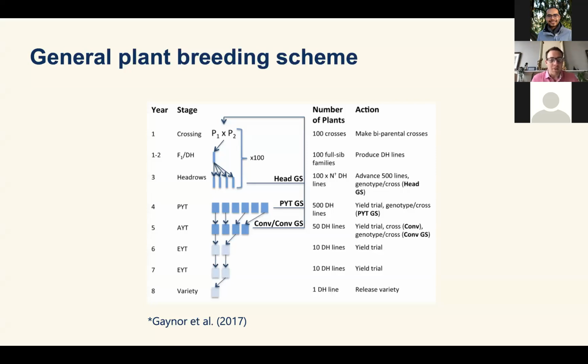Without going into too many details, a lot of our research on GxE is mostly to do with the yield trials, and that's where we're looking at the final 4 years essentially. So not particularly interested in any of the crossings. It's really about gauging GxE in the yield trials, like I mentioned. This figure just highlights that, and what I'm talking about today is going to focus on these later stages.